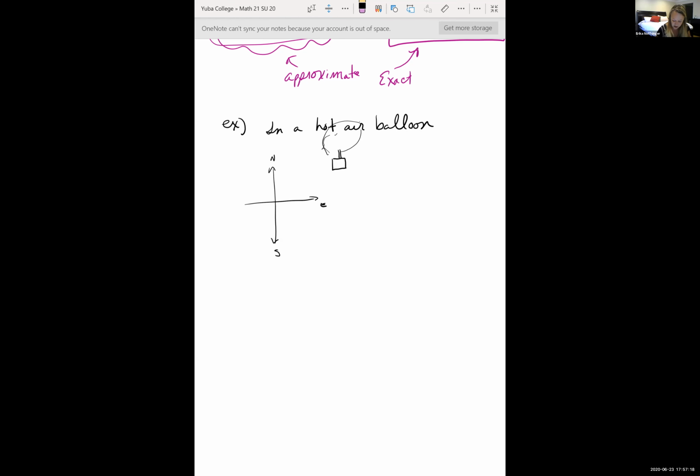The angle of depression, well, angle of elevation or depression is always measured from the horizontal.